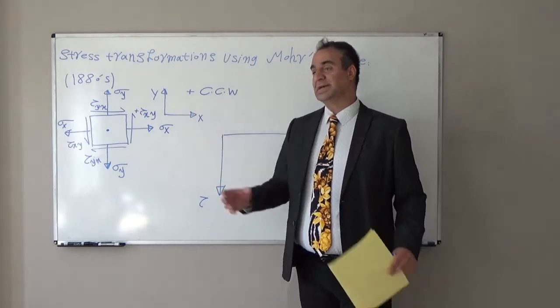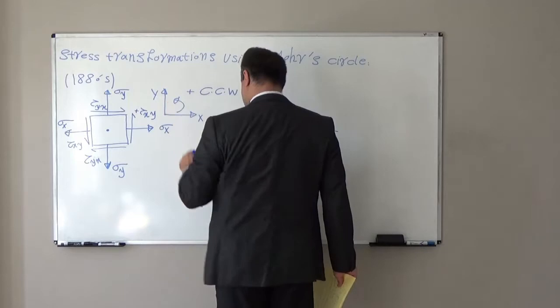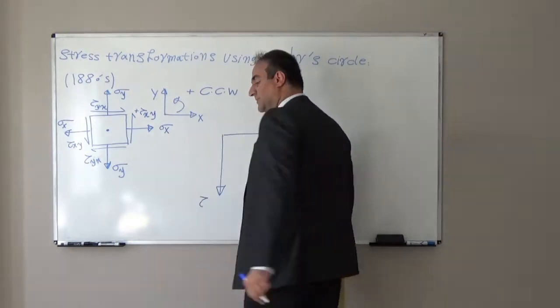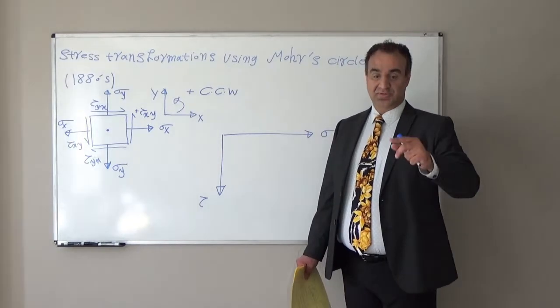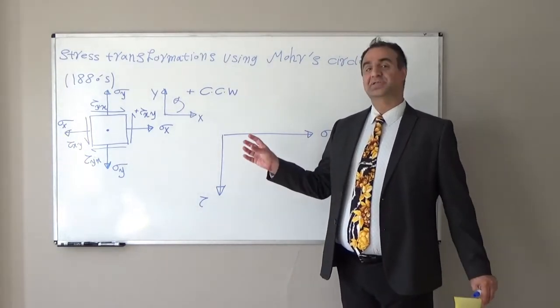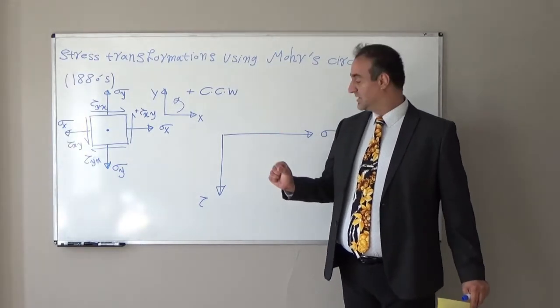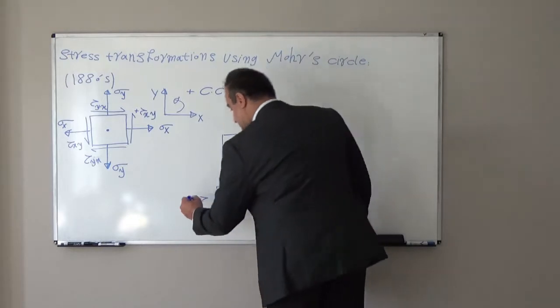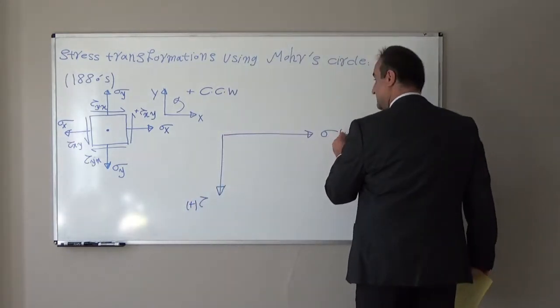Here, because I assume counterclockwise rotation positive, tau downward positive, it is good, because in that case, rotation on the coordinate will be exactly the same direction as a rotation on the element. Later on, you will see why. So this is positive, this is positive.